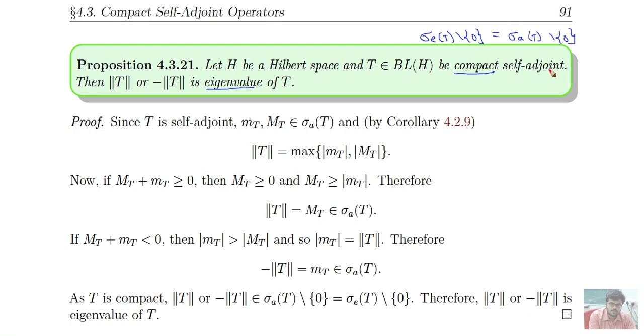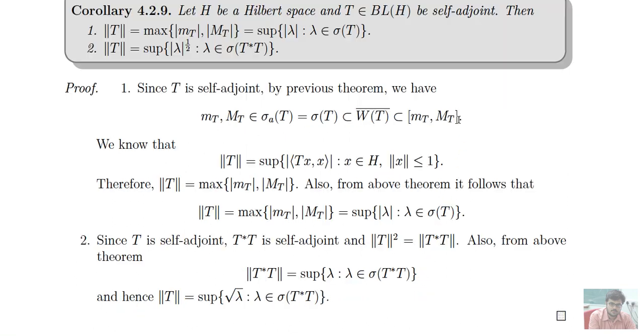And now this is self-adjoint also. So if it is self-adjoint, what we know is, so this result we know, right?